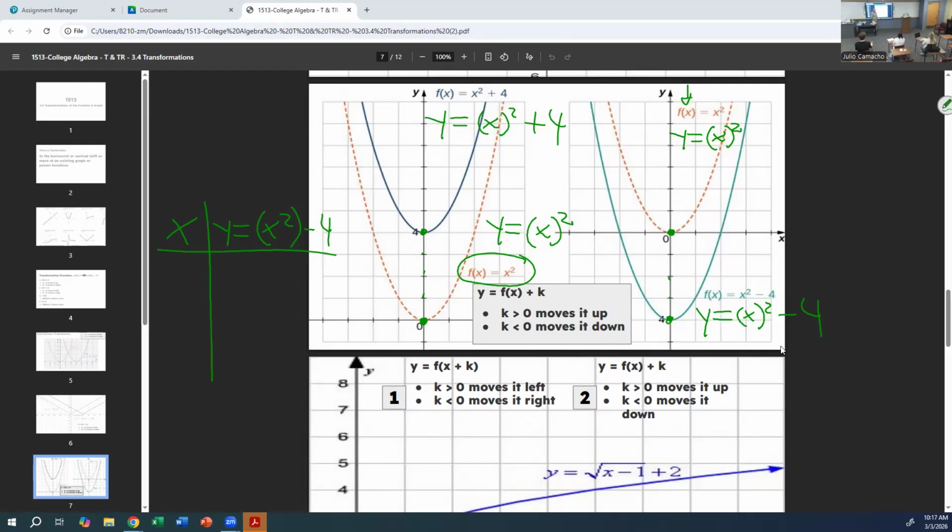Give me a number to the left of the vertex. 2. That'll be 2, to the left. Wait, what? To the left of the vertex. That is your vertex. We already found out where the vertex is.